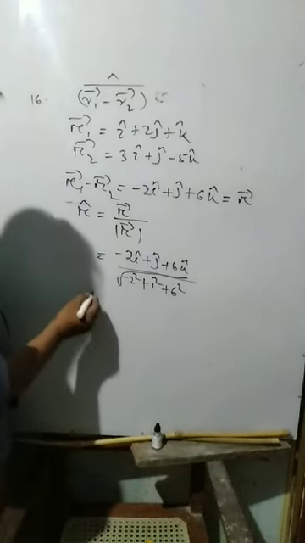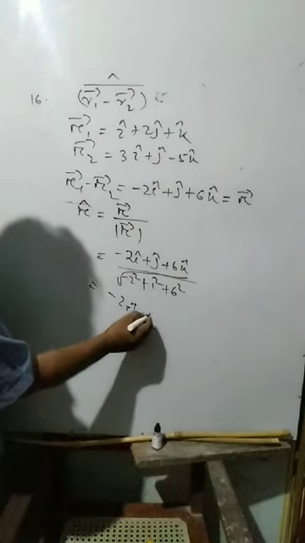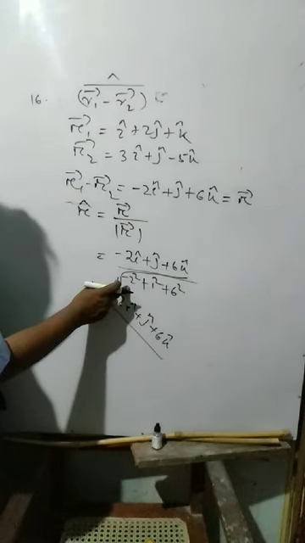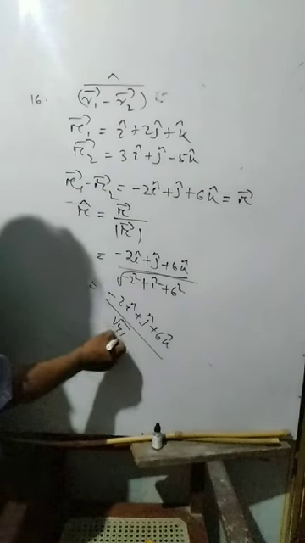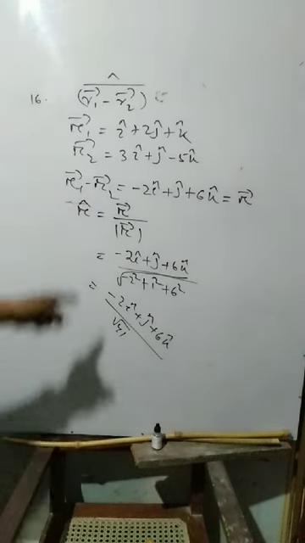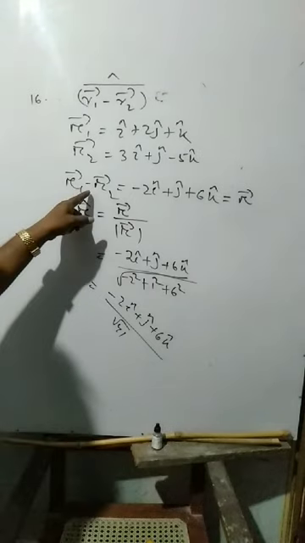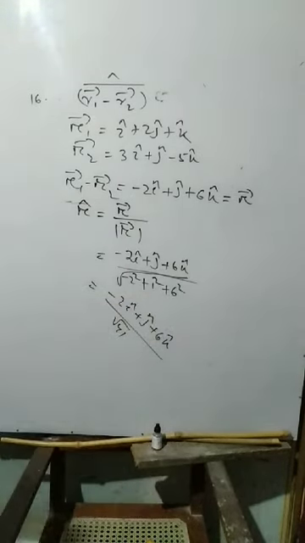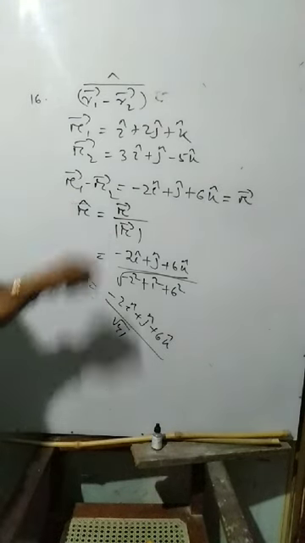That is 4 plus 1 plus 36, which is 41, root 41. So this is the unit vector along r1 minus r2. Instead of r1 minus r2 I took r vector, so the unit vector can be represented by r cap.